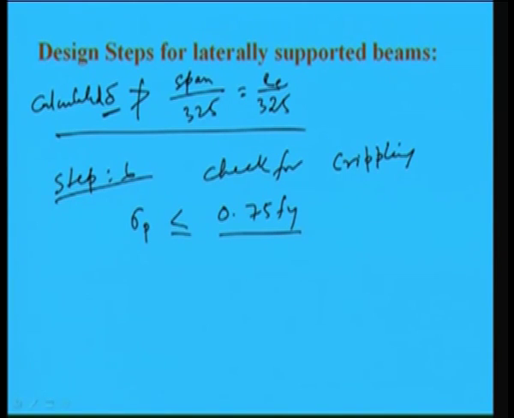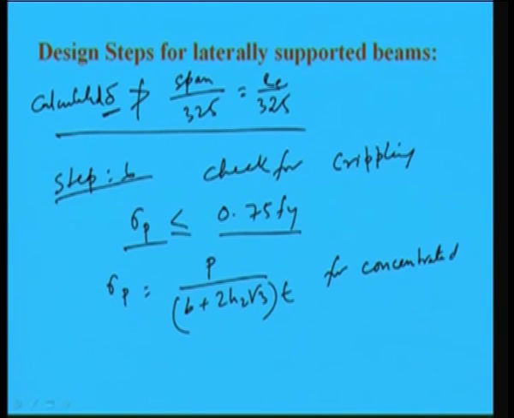Sigma p can be calculated from this formula: P by (B plus 2 H2) into root 3 into T for a concentrated load, and P by (B plus H2) root 3 into T at support.